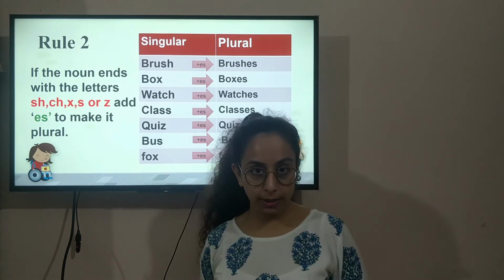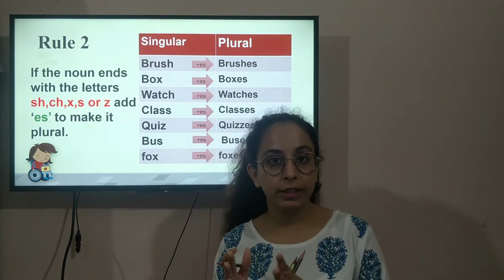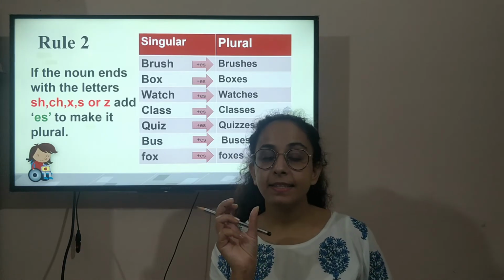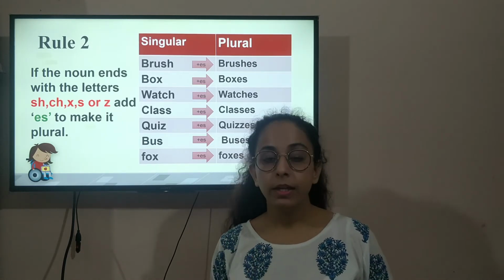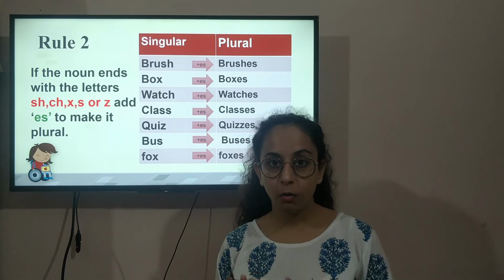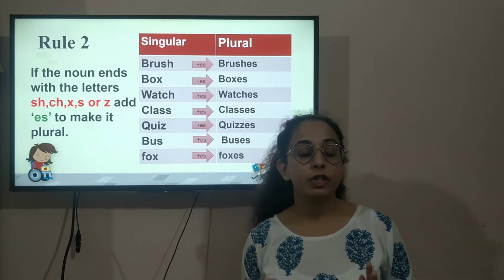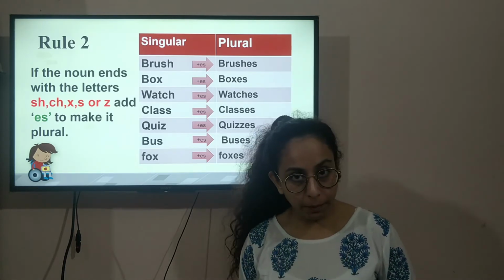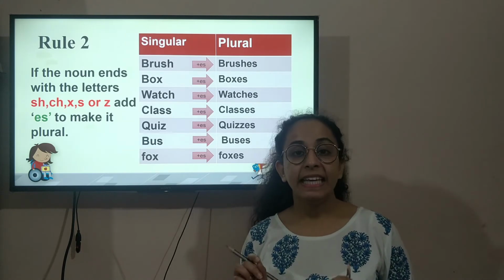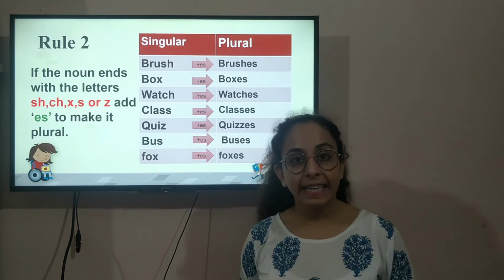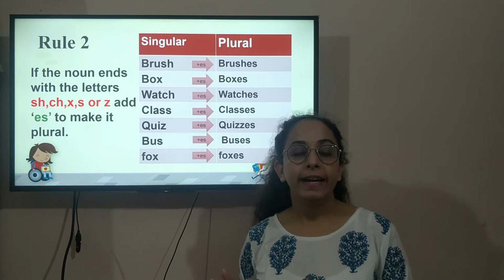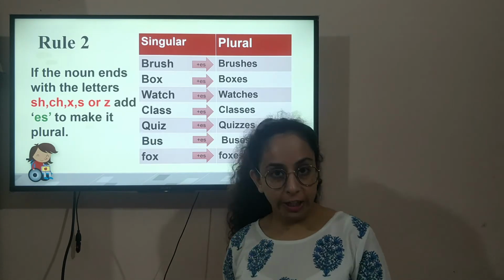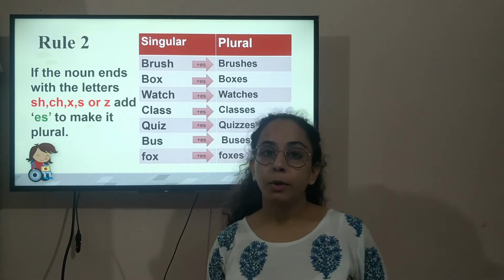All these words have a hissing sound at the end. Okay, so whenever this sound comes after any word, remember to add es, two letters es, at the end of the noun to change it from singular to plural.